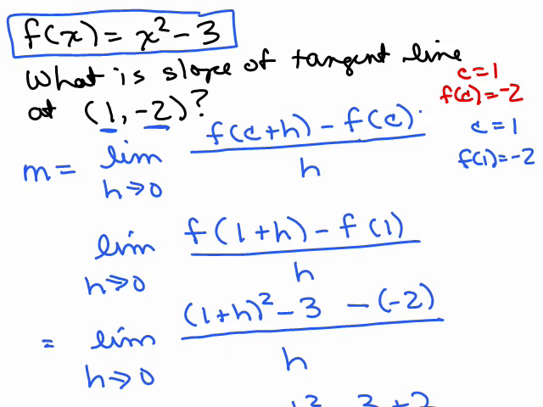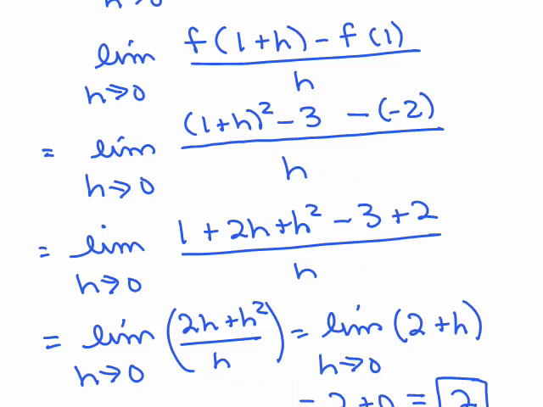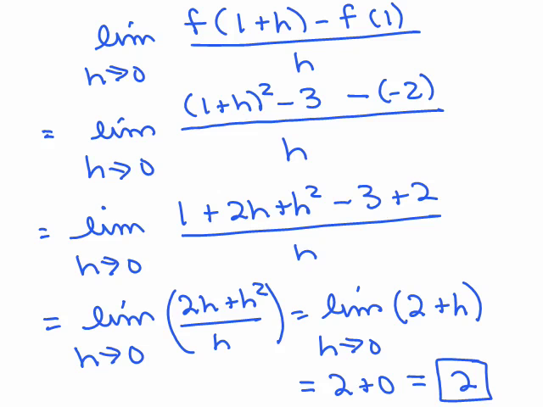Remember, this formula came from the formula for slope, and c is the x value in the ordered pair. So we went through this process, and we ended up with a slope of 2 because the limit as h approaches 0 was 2.